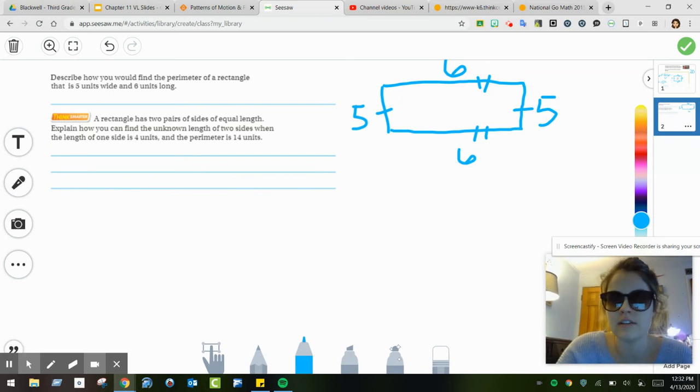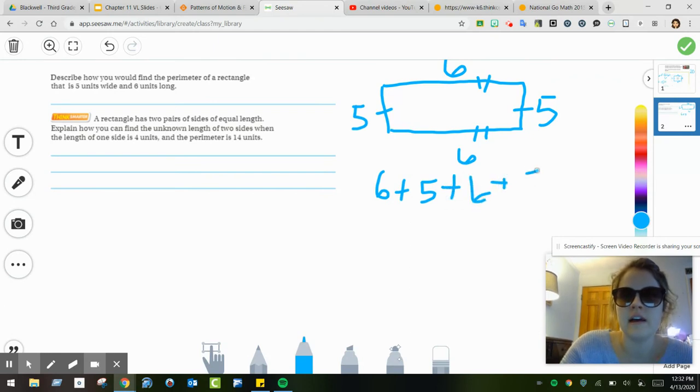So let's go ahead and do this together. What would be the correct way to write this out? 6 plus 5 plus 6 plus 5 is going to be how we find the total perimeter. I like to go ahead and try doubles when I can.